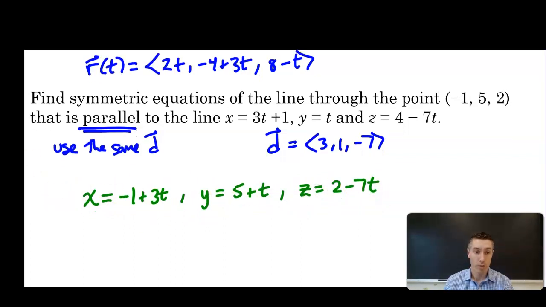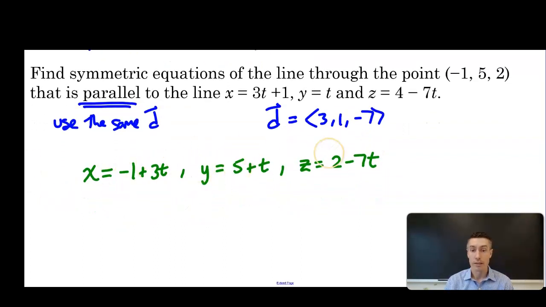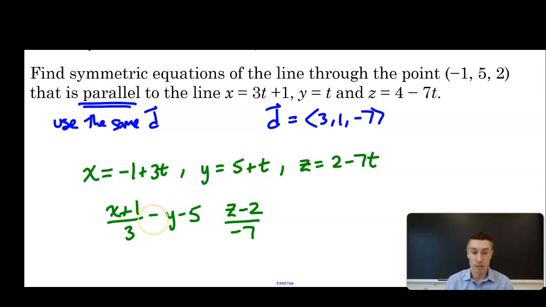And if we're going for the symmetric equations, we need to solve each of these for t. So in the first parametric equation, we'd have (x + 1)/3. Second equation, we'd have y - 5. The third equation, (z - 2)/(-7). Since all of those expressions are equal to t, they will be equal to one another.